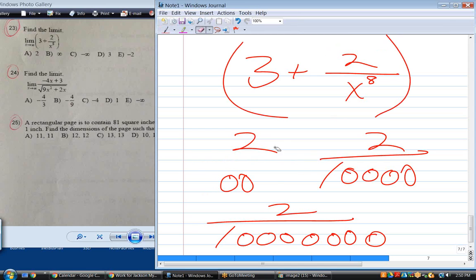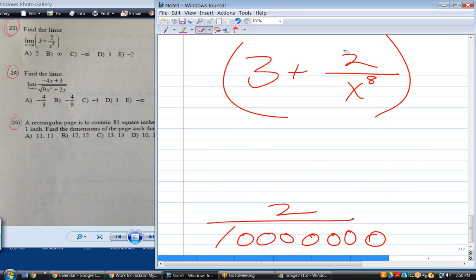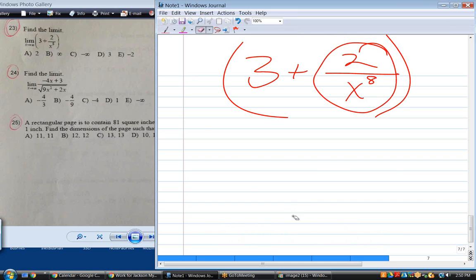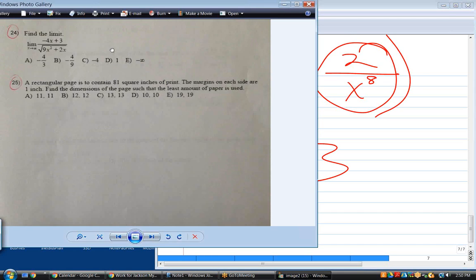No, the only part that's going to 0 is this part. Headed to 3, yeah. See it? All right. So D is the answer there.